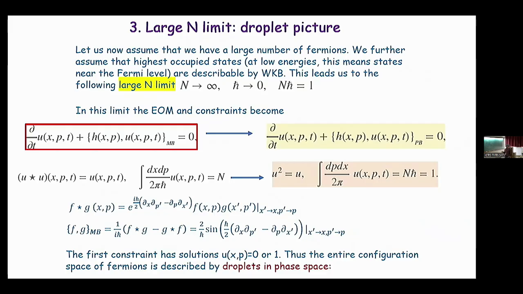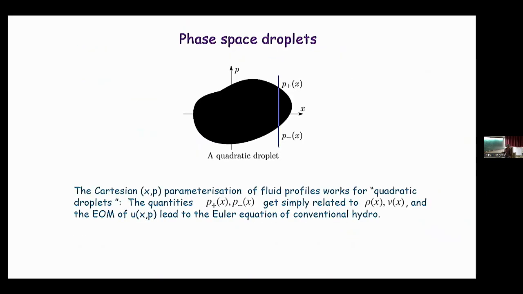I'll just say how the conventional thing comes. Suppose I take a droplet, which we say is a quadratic droplet, meaning that any constant x cuts this fluid profile in just two places, p minus and p plus.